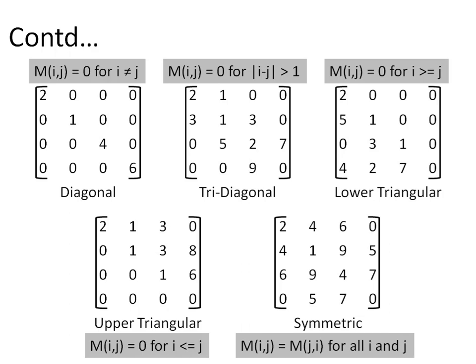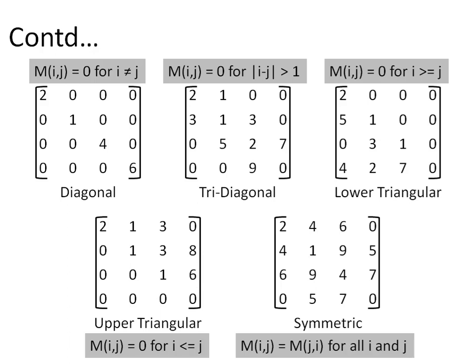A diagonal matrix is one that has all zero elements except the diagonal entries, and diagonal entries are identified by same row and same column index, that is 0,0, 1,1, 2,2, and so on.